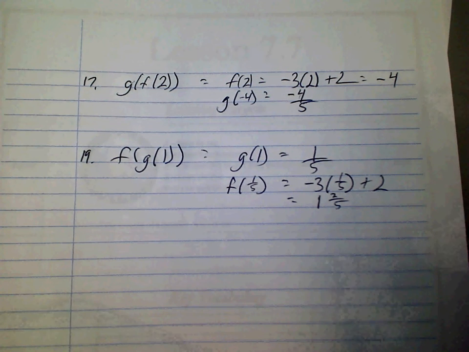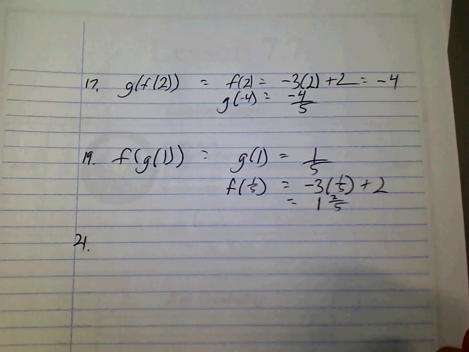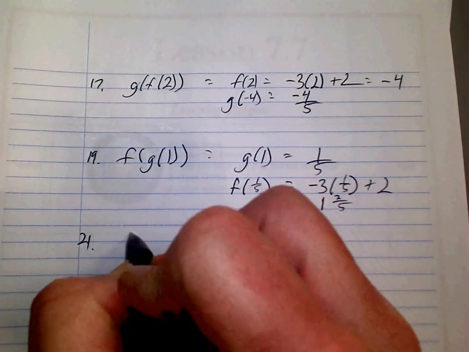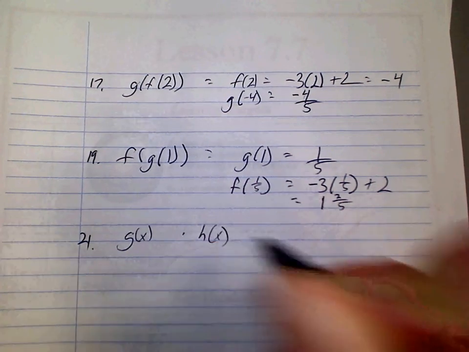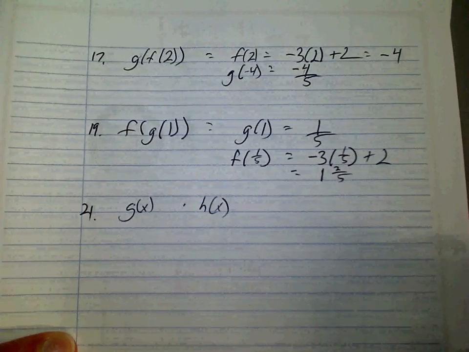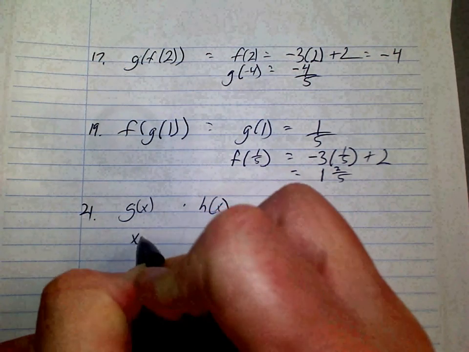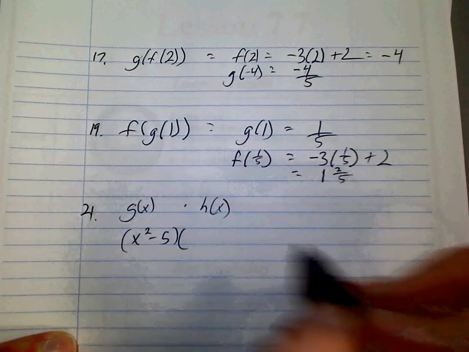All right. 21, the last one you guys had to do. Multiplication. It's g of x times h of x. And so g is x squared minus 5. What word am I going to have to use here? FOIL, thank you.